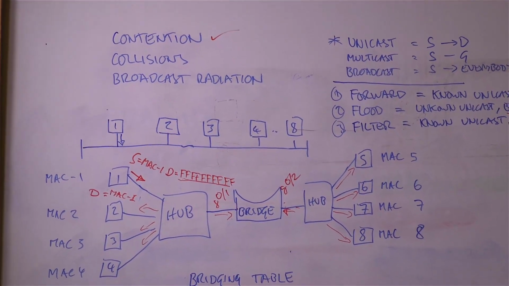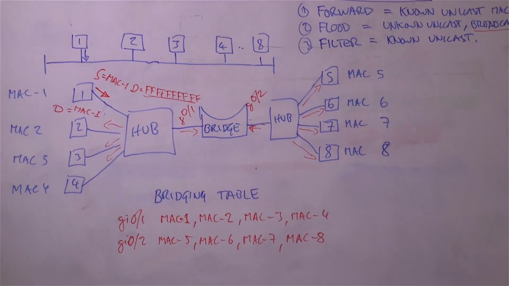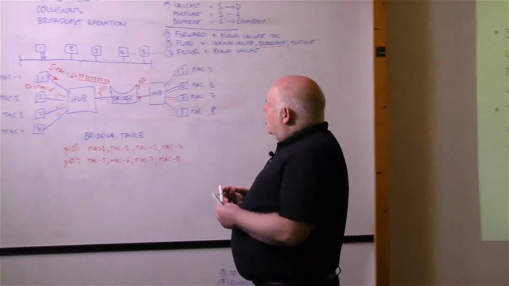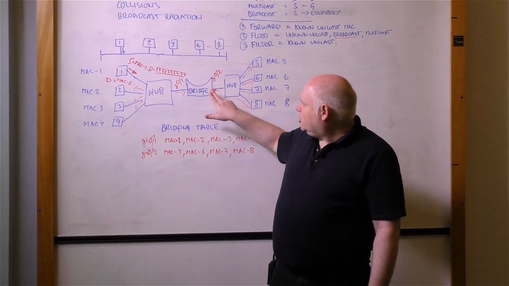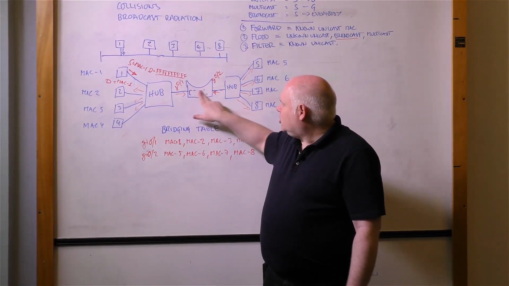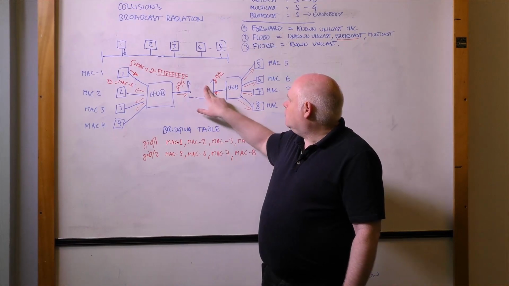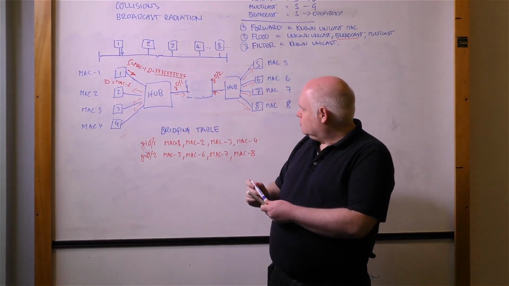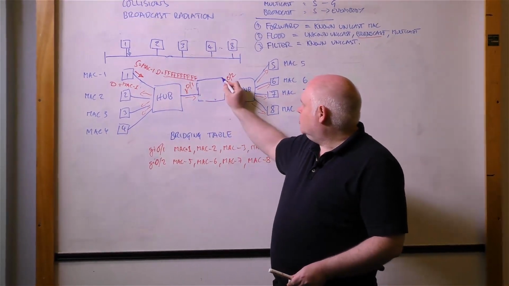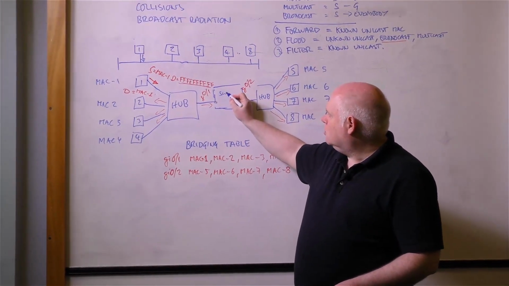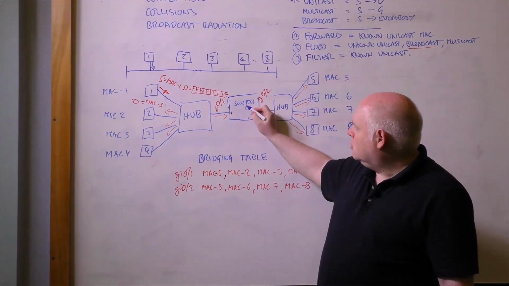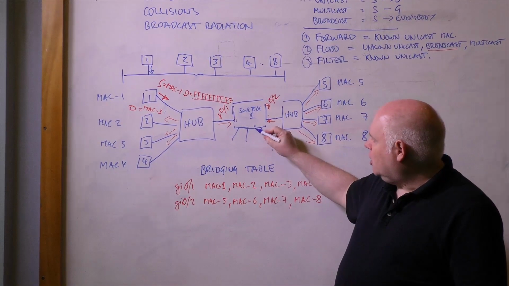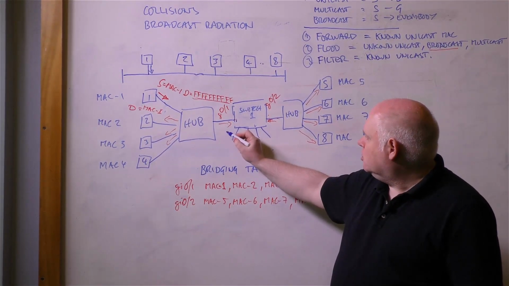Okay? So I'm talking about bridging here, but really a bridge is just the first generation of switch. So if I add on more segments, then we have a switch.